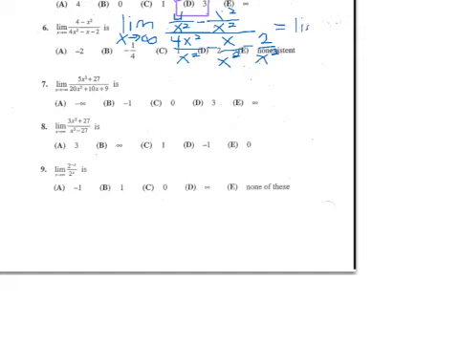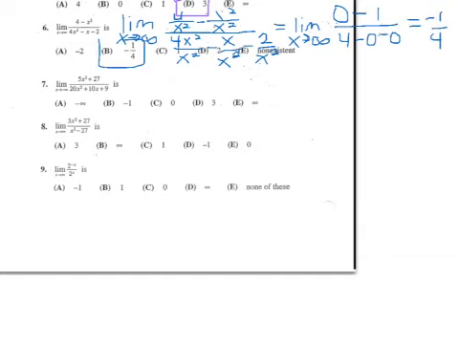That will be the limit as x approaches infinity of 0 minus 1 over 4 minus 0 minus 0. So negative 1/4 would be our final answer.